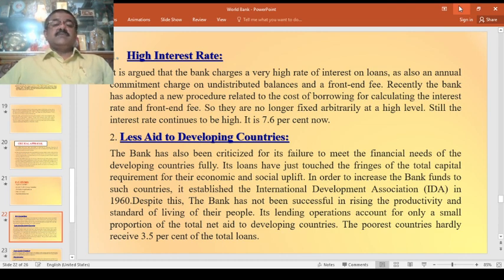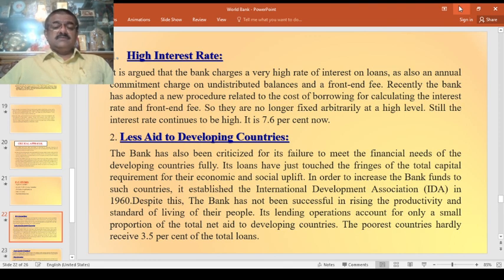It is argued that the bank charges a very high rate of interest on loans, as also an annual commitment charge on undisbursed balances and a front-end fee. Recently, the bank has adopted a new procedure related to the cost of borrowing for calculating the interest rate and front-end fee, so they are no longer fixed arbitrarily at a higher level. Still, the interest continues to be high. It is 7.6% now.